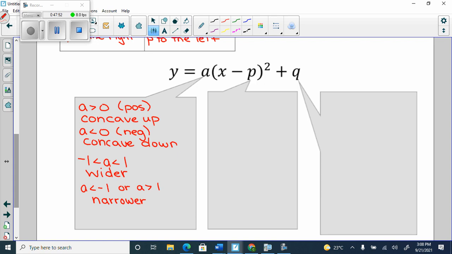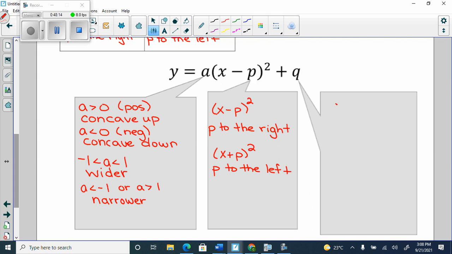We just said this. If it's x minus p squared, I move p to the right. If it's x plus p squared, I move p to the left.